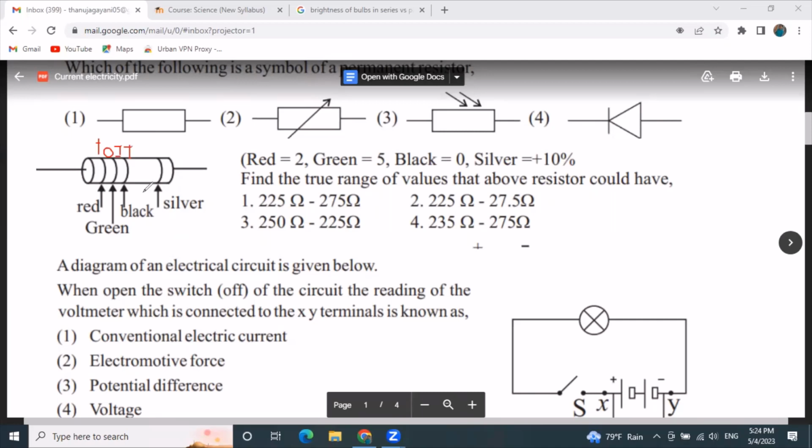You can remember it as you like, it's your choice. Then the value of the first color band, tens place, is 2 and the value of the second color band, ones place, is 5. That means 25.